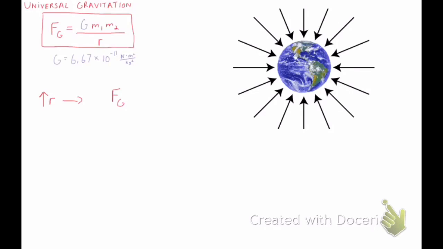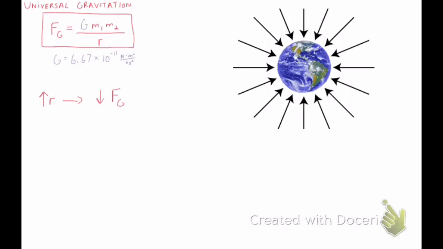Well, this is very similar to all the other formulas that we were talking about throughout the year. Since r is located in the denominator of the right-hand side of the equation, we can see that it must be inversely proportional to Fg. So anything we do to r has to be flipped, per se, when we're talking about the force. So if we increase r, we can see that we would then decrease the force.